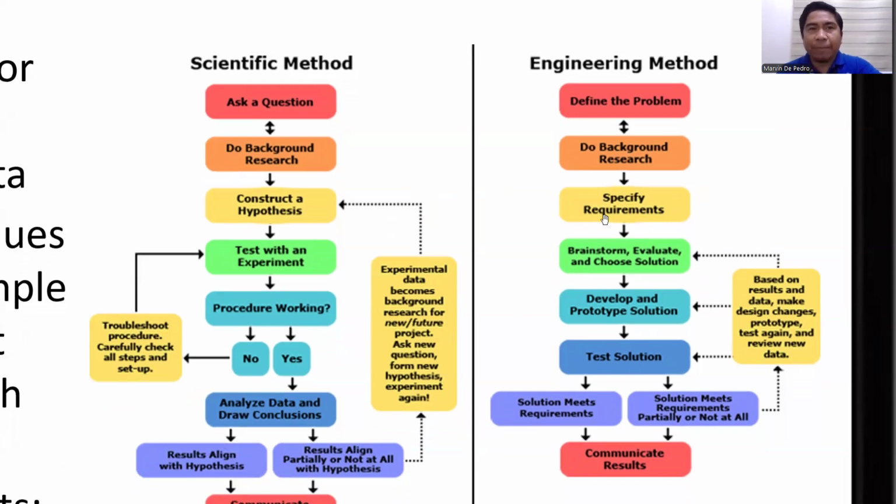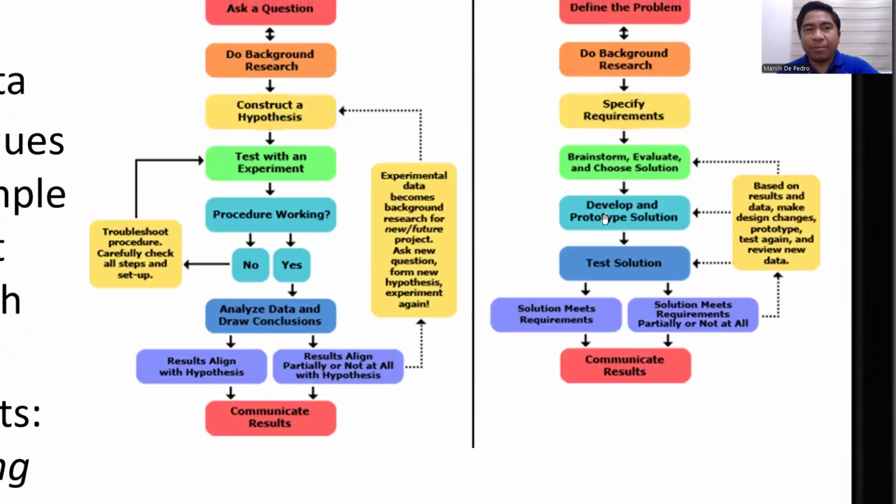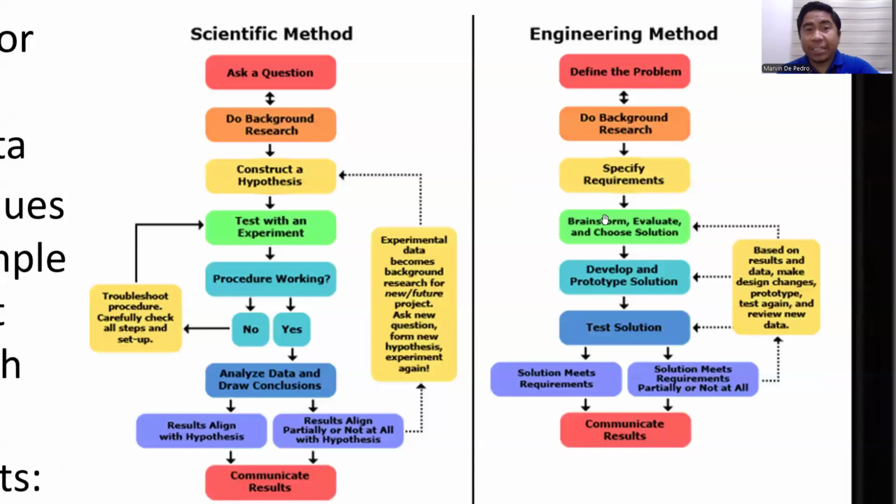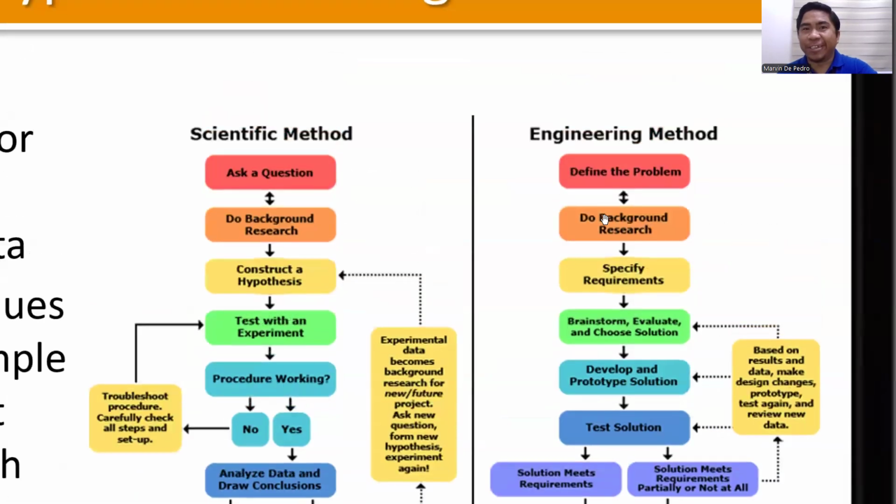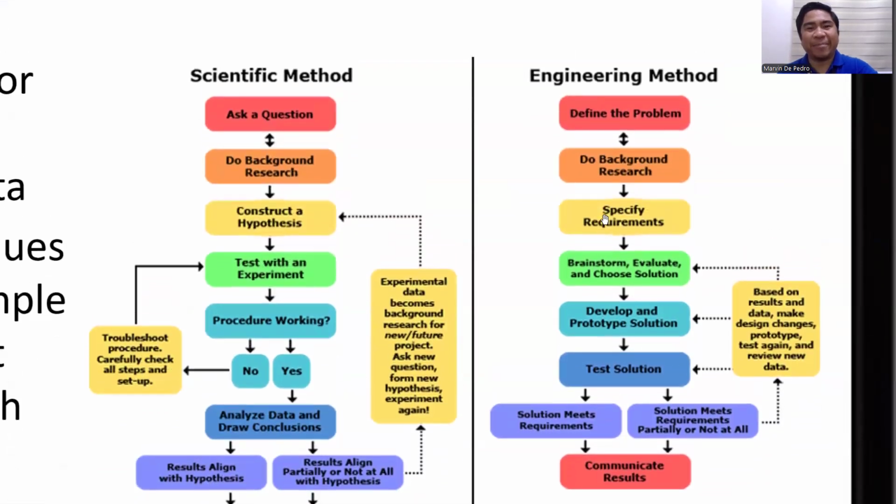But number one, the scientific method, we want to answer how the world works. We want to understand some scientific phenomena, especially involving natural laws. Whereas in engineering method, we use it to solve a certain problem.